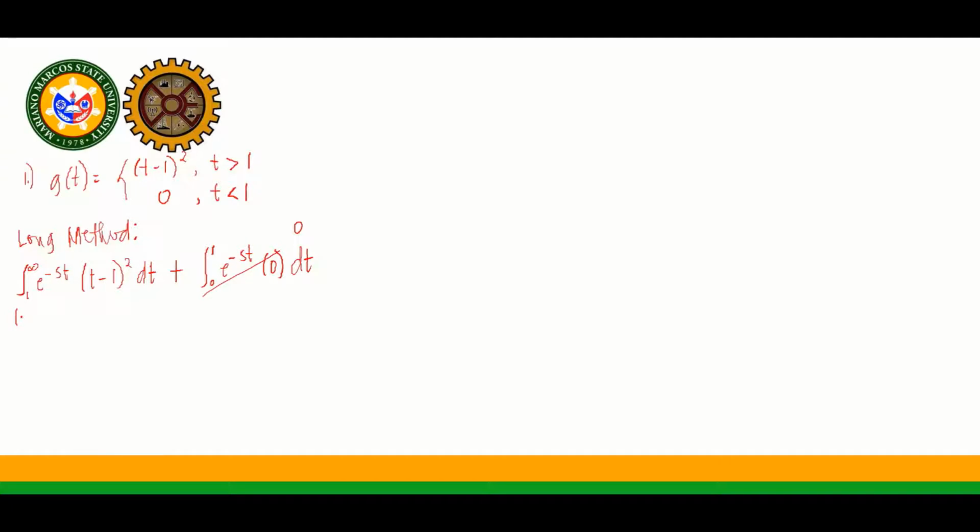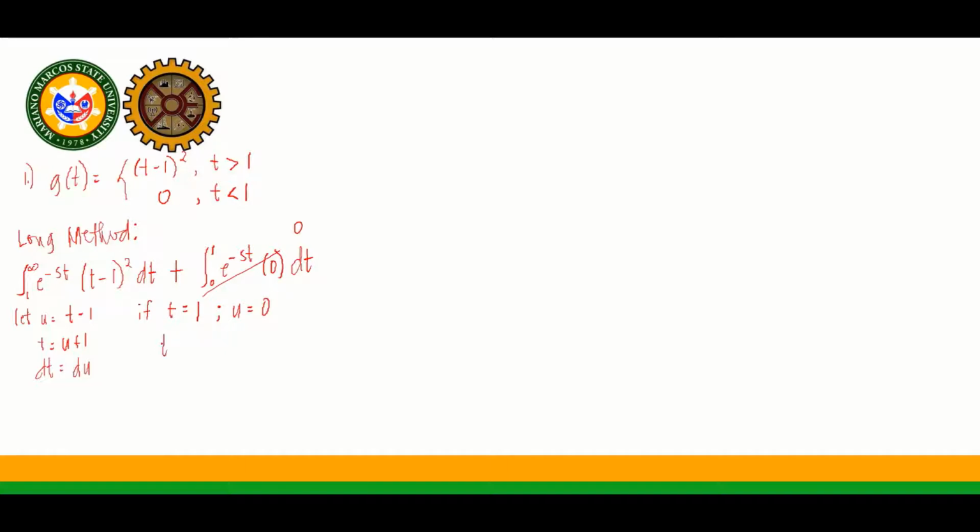So mag-let u muna tayo, gaya ng ginagawa natin when we integrate. So let u be equal to t minus 1. So your t is equal to, when we transpose negative 1 into the right side, u plus 1. Then your dt will now be equal to du. And if t is equal to 1, therefore yung u is equal to 0.